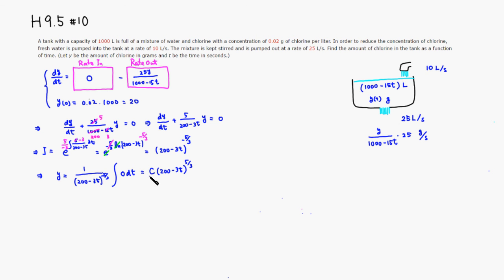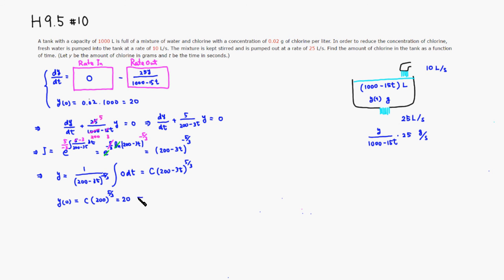Then we can find c by using the initial condition, y of 0. If you plug in 0, you get c times 200 to the 5/3 power, and we have to get 20 there.